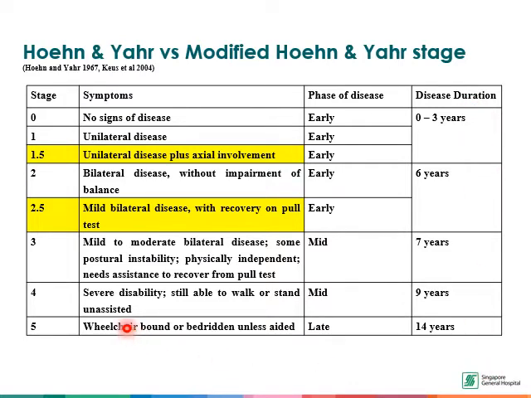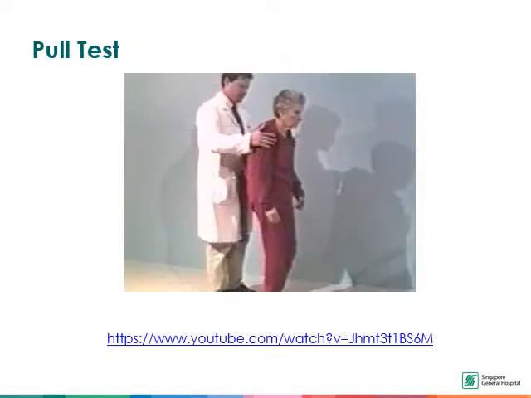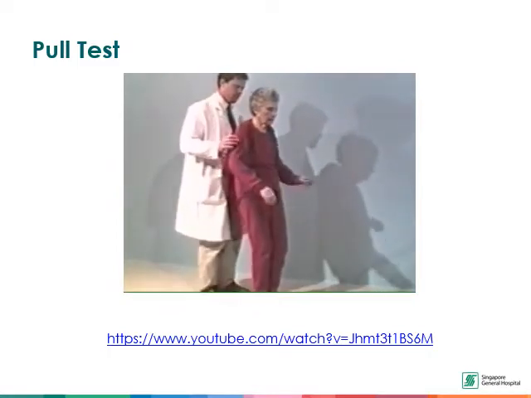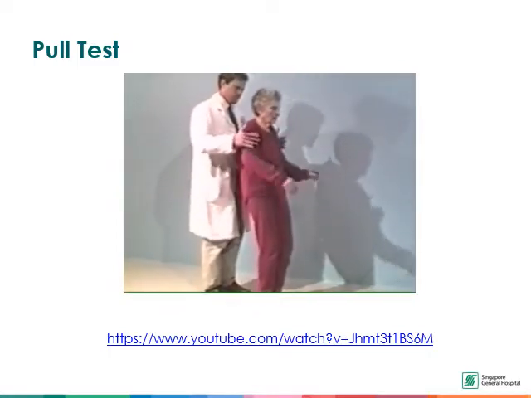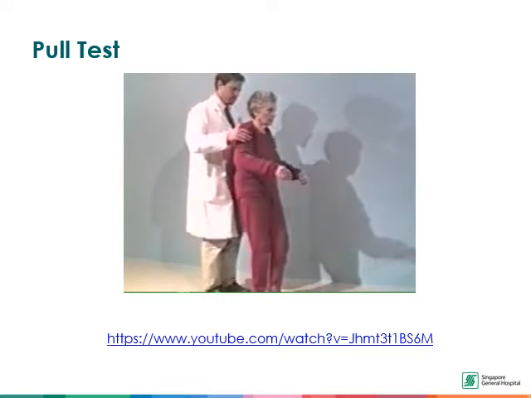Okay, so we can see to differentiate between stage 2 and stage 3, you would have to do a pull test, and if the therapist has to catch the patient during the pull test, the patient will be staged in stage 3 onwards. This video shows the pull test, and we can see the loss of postural response when the patient is perturbed backwards.